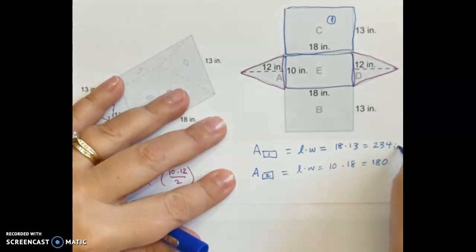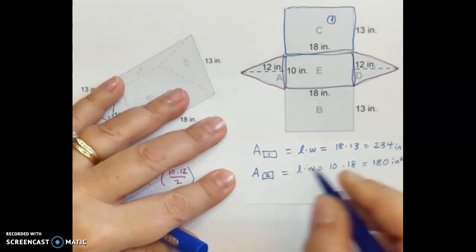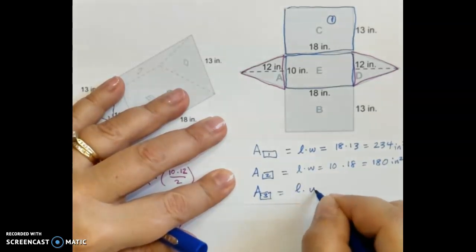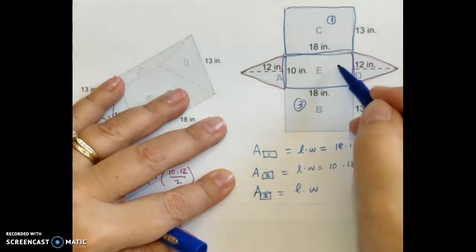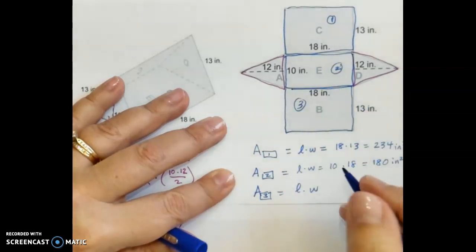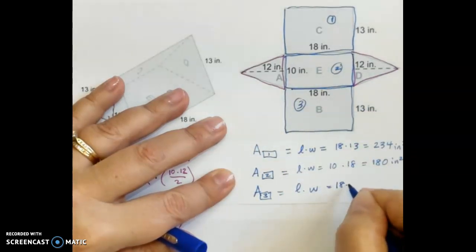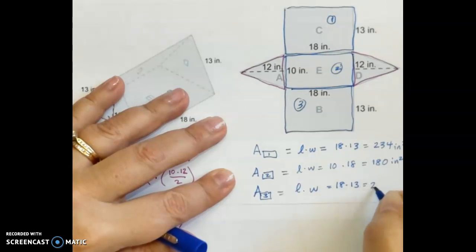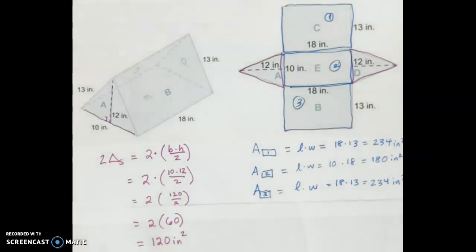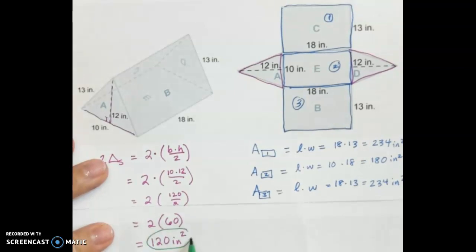Oh, let's not forget my labels. And my third rectangle is this bottom one here. And that is also going to be the same size as the first one, 18 times 13, which is 234 square inches. Okay, now for my total surface area, I'm going to add together all of the individual sides that I calculated.